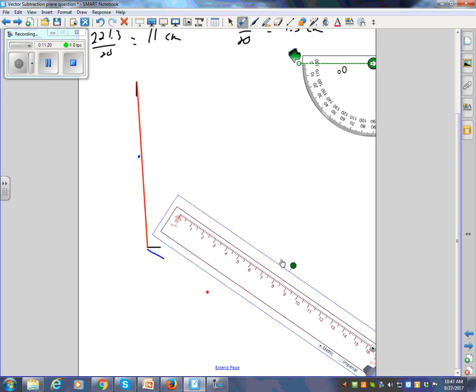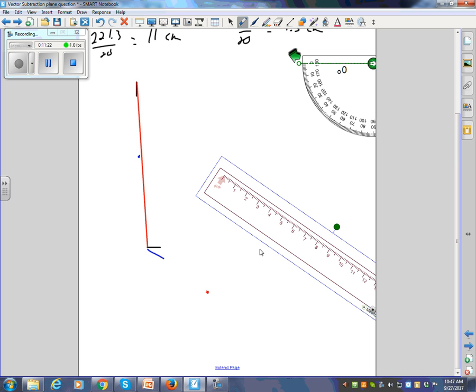I think I went too far. Sometimes it helps to put the arrowheads on after because it kind of makes it hard to measure.